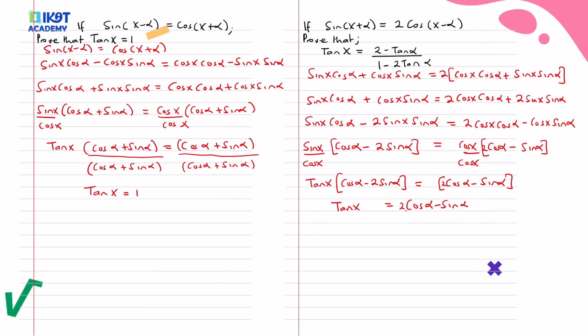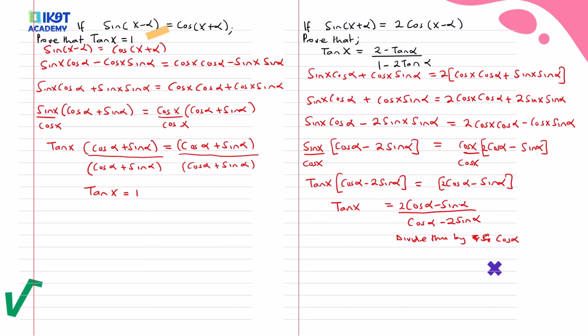And the 2 out of cos theta minus 2 sine theta. So I divide through by cos alpha. And remember why we're dividing through by cos alpha: it's because we are looking at our final proof and we want it to be tan, but here we have cos, so we can divide through by cos alpha.